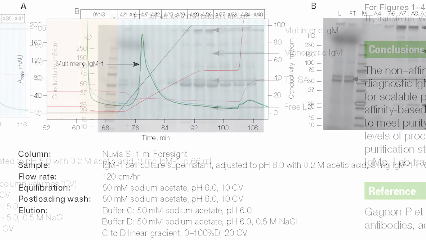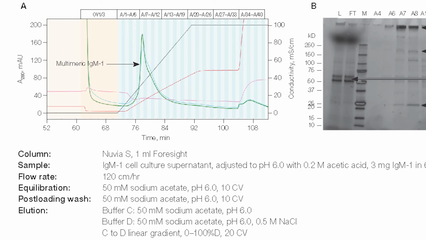So optimizing this step means that we go to a pH value that is 1.5 units below the PI of the IgM proteins that we were testing.